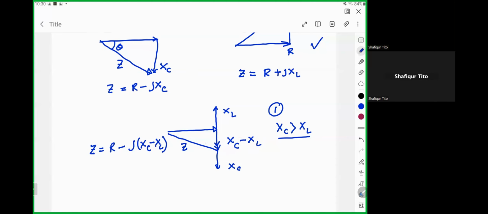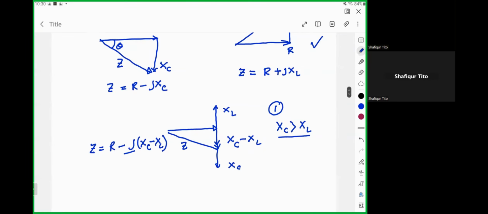And then if you add these, you will find Z, and that will be given by R minus J(XC minus XL). So minus J indicates the phase shift of minus 90 degrees. So that we know, right? So J is indicating that Z is always indicating an angle of 90 degrees.